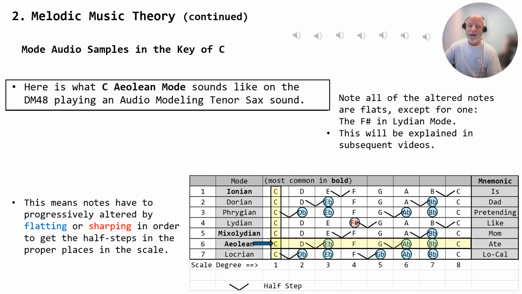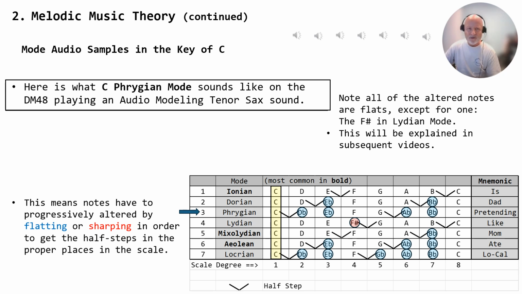And now we're going to get into a couple of modes that you're not really going to use very much, but it's good just to hear what they sound like. This next one is going to be the Phrygian mode. The Phrygian mode sounds a little bit Middle Eastern. It's got that added D flat in the 2nd scale degree. So now we have a half step between the 1st and 2nd scale degrees.